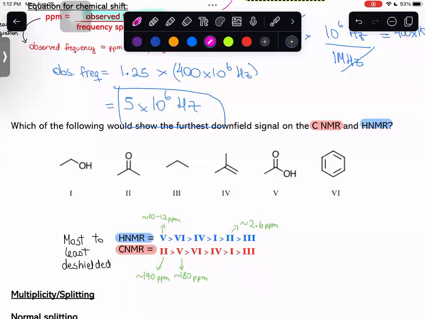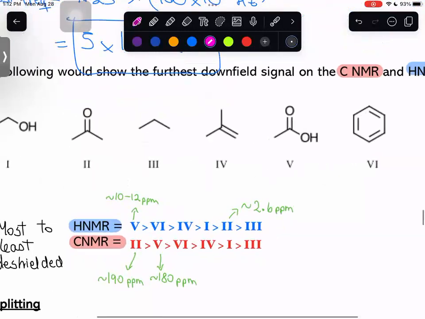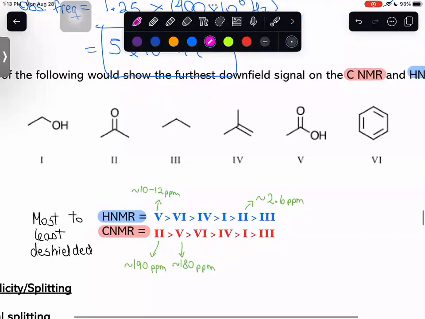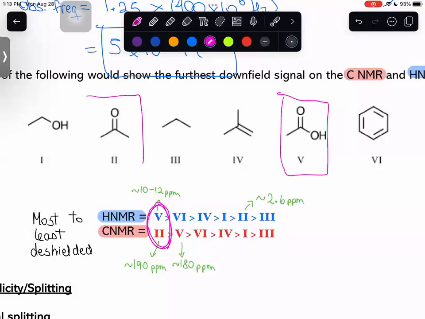Let's talk about it. So in this case, again, we're just looking for the most deshielded molecule that we can see. Now, as we can see, the answers are not the same. So let's look at those molecules, number 5 and number 2. So we're comparing a ketone with a carboxylic acid. So now we might start to remember what we talked about at the very beginning of the session.